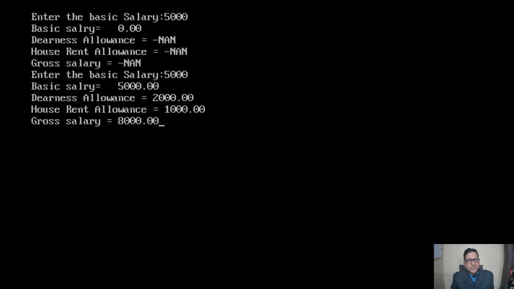Now we can see that the basic salary is 5,000, and dearness allowance is 40% of 5,000, which is 2,000. House rent allowance is 1,000, and gross salary is the combination of these three: basic salary plus dearness allowance plus house rent allowance, which will be 8,000.